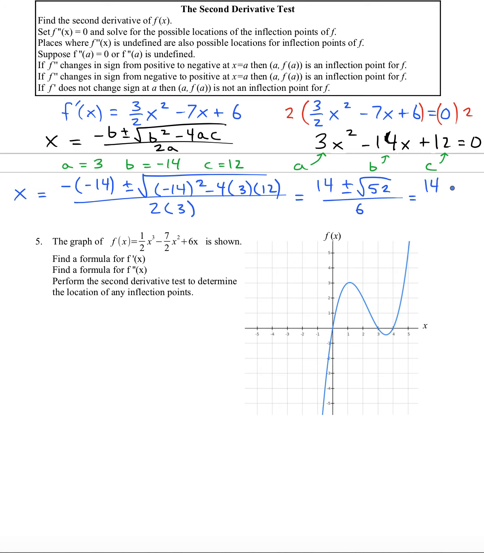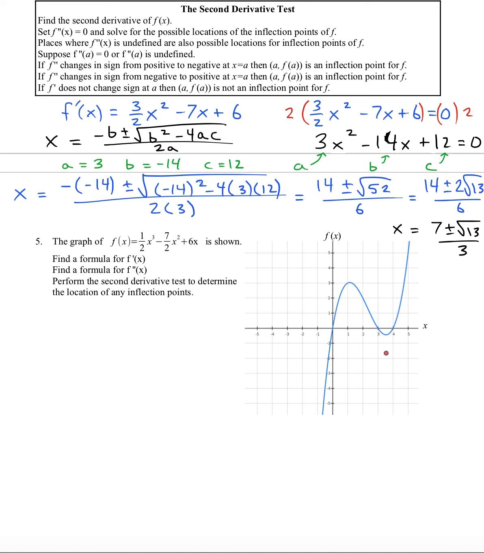So we'll have 14 plus or minus 2 radical 13 over 6. Then we could just reduce. And yeah, we'll get x equals 7 plus or minus radical 13 over 3.